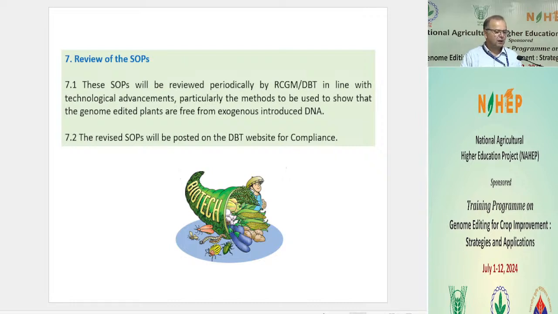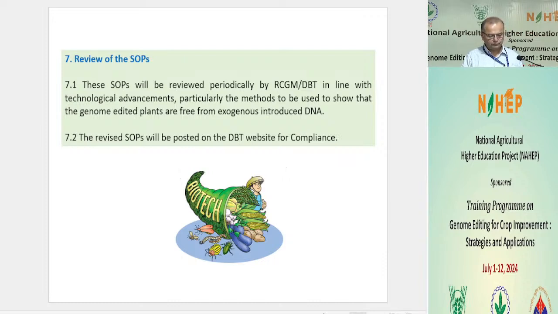Since logically you don't get any integration, it will be easily proven, but you have to prove it. It cannot be left on assumption that since I have used RNP, I need not show it. No, it is not like that. You have to mention that you have used RNP and you checked, as expected there is no amplification, so it is free from exogenous DNA.